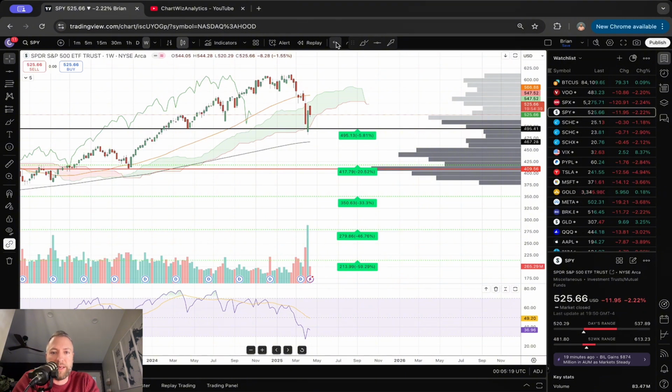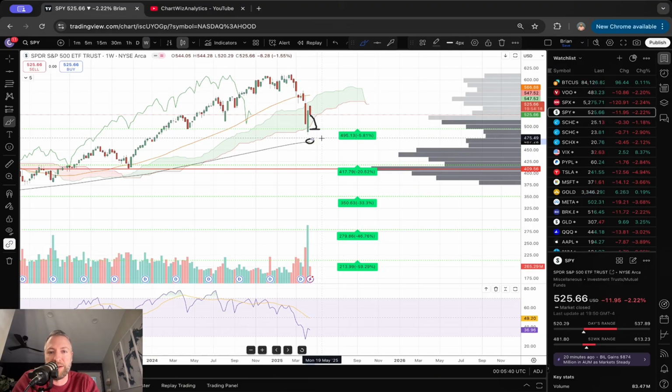This is the area that I've been saying for a while that I've been really keeping my eye on. Once we break through this area of support, I'm really looking at this 200-day moving average, which is at 467. It seems like that's a pretty huge drop, but with the way things have been going, I could easily see it making its way down to that weekly 200-day moving average.